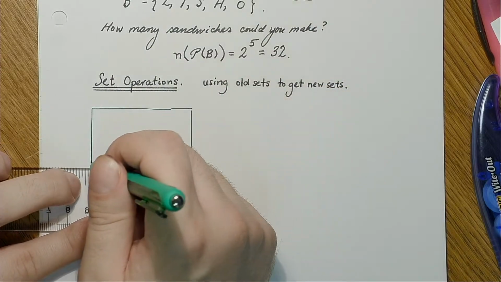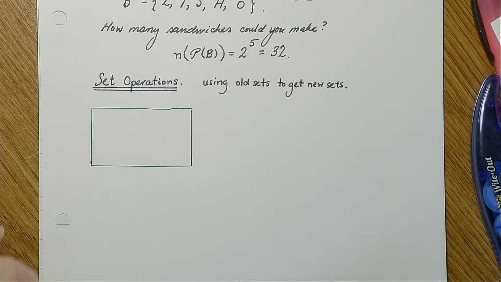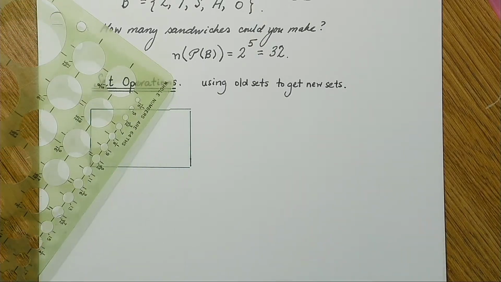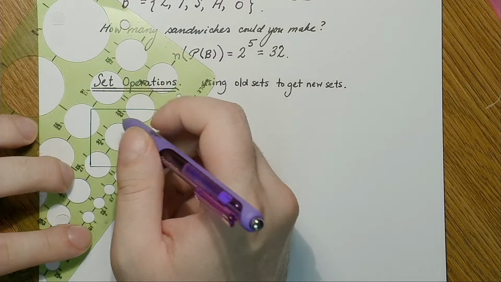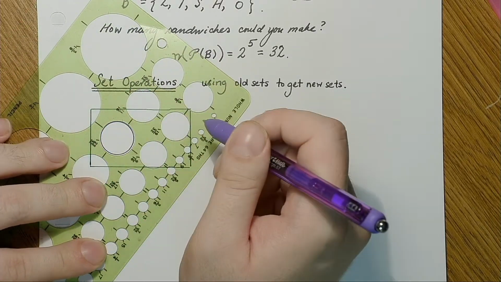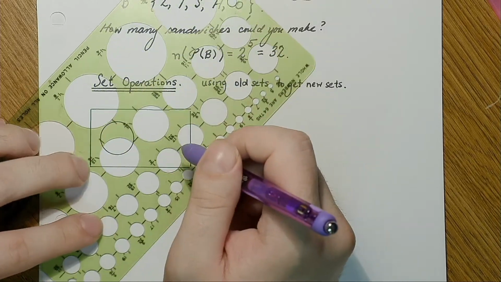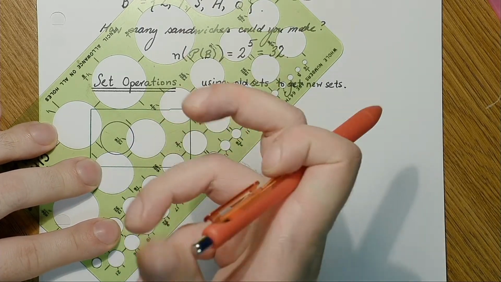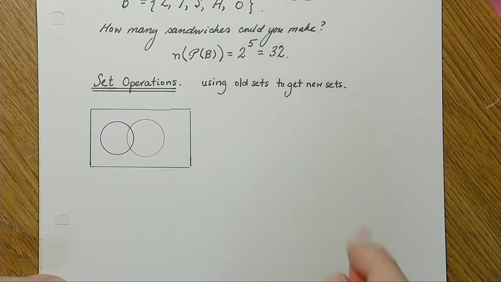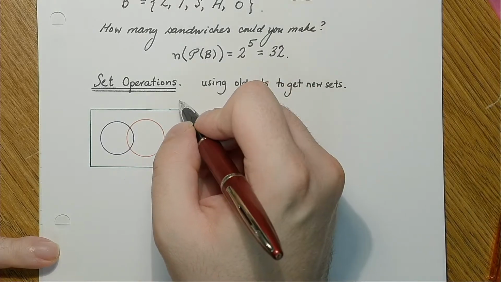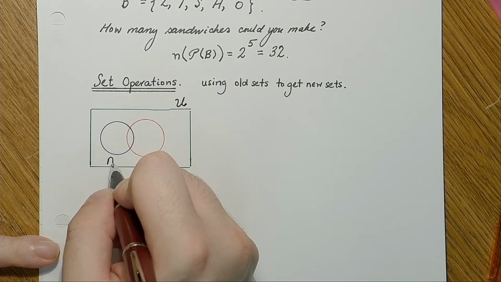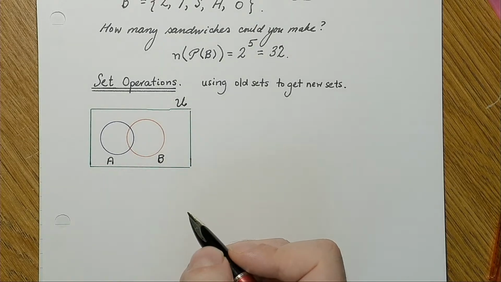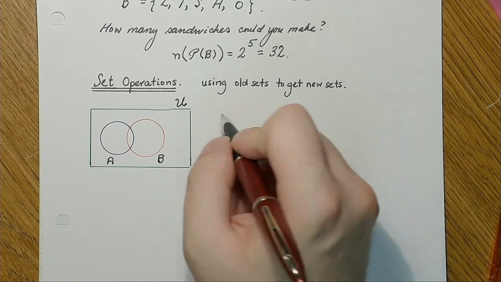We'll say A and we'll say B. And this is what we're going to look at: the union.